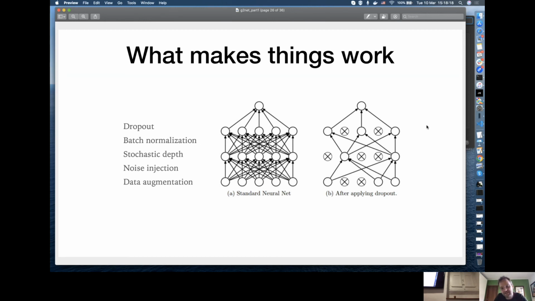Stochastic depth is something that hasn't gained much popularity, but it's there anyway. It decreases and increases the depth of the network. Noise injection is a practice that you can do. After all, dropout looks like noise injection within the network itself, but you can also inject noise in the image itself, or in the input itself.